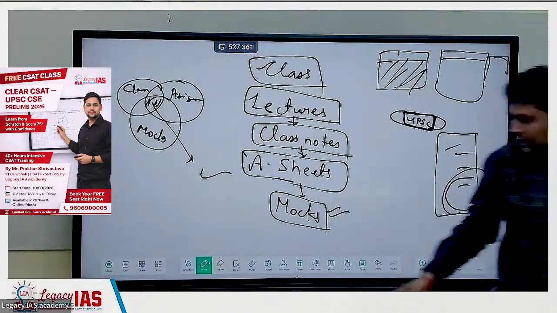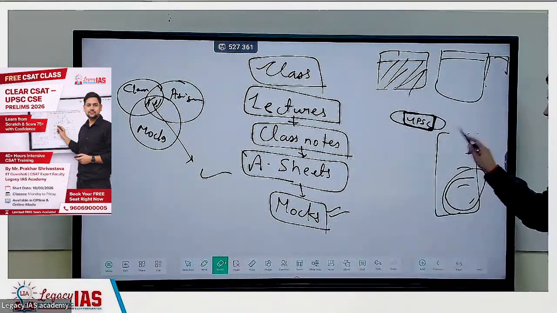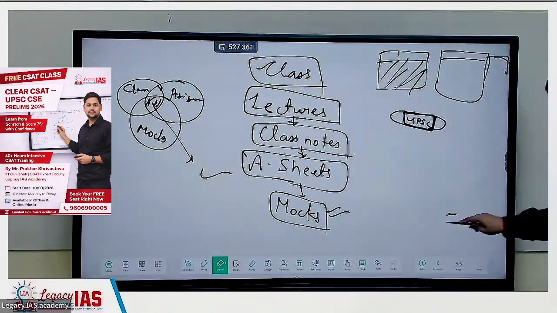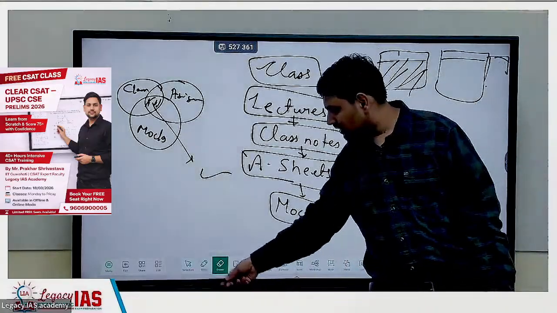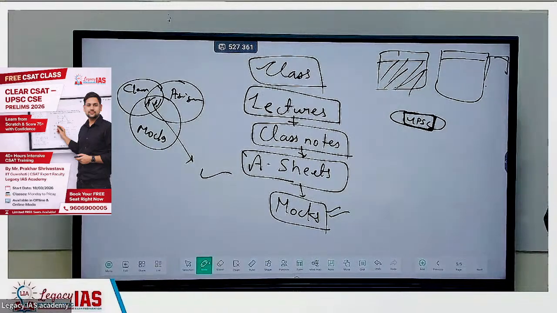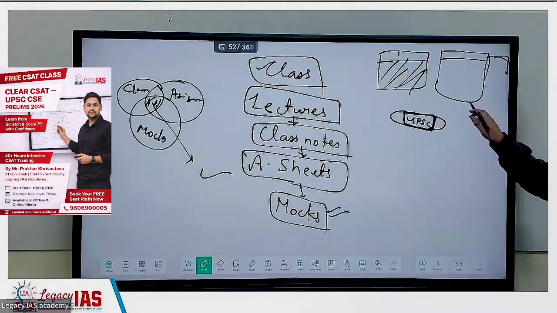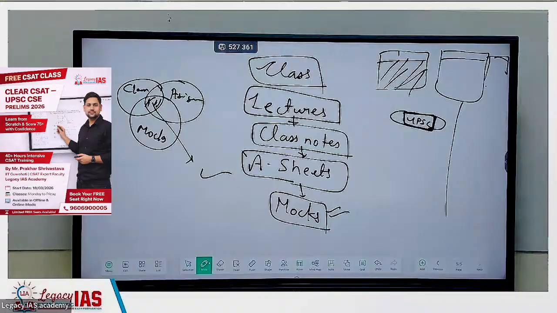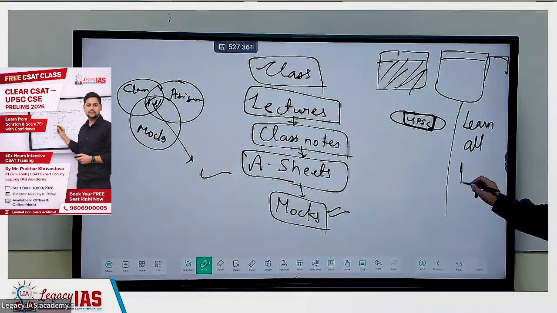Some people will also tell you about a strategy of doing the 10 most important chapters or 12 most important videos that you would find around. Okay, don't fall for them. The level of difficulty of CSAT has gone up quite a bit, and that's why I say that you try to learn all topics.